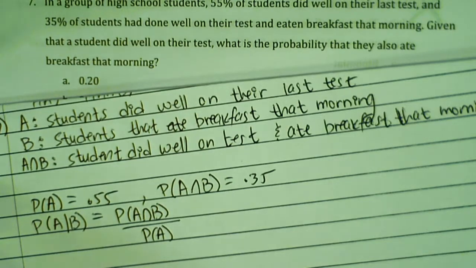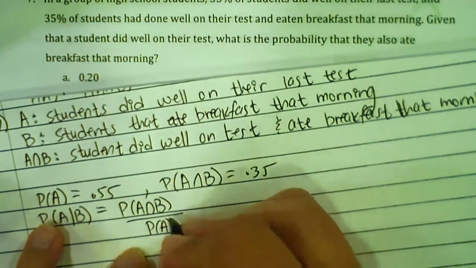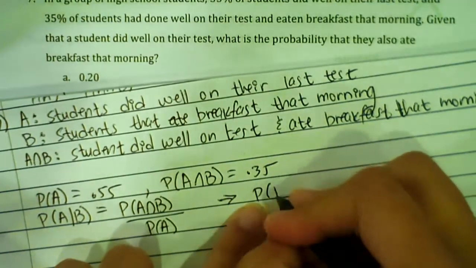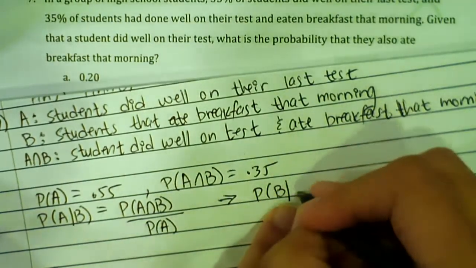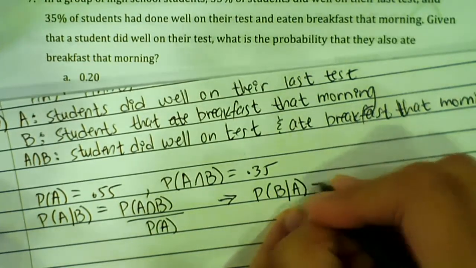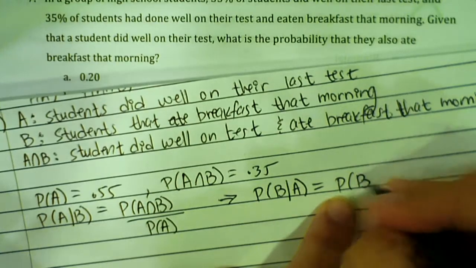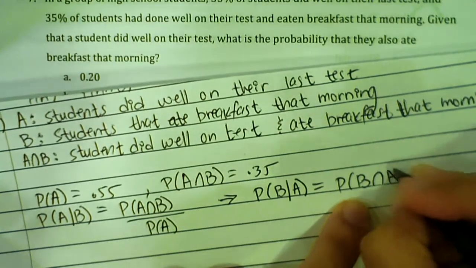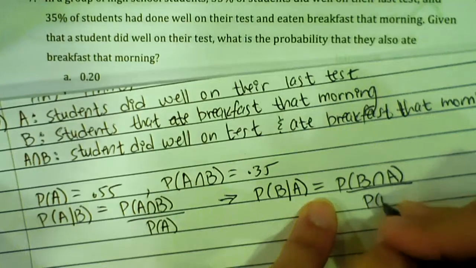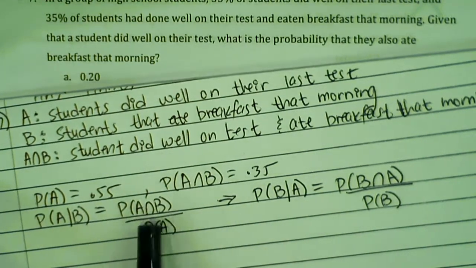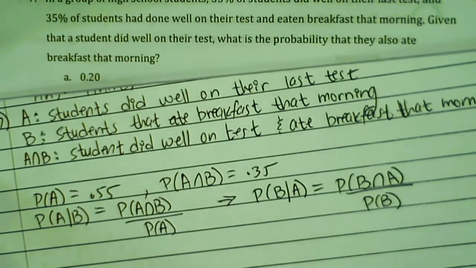So here, we can change this problem to be the probability of B given A. And to be consistent, that is that, and then probability of B. Now, the probability of A intersect B and the probability of B intersect A is the exact same thing, but I'm just trying to be consistent with the switching.